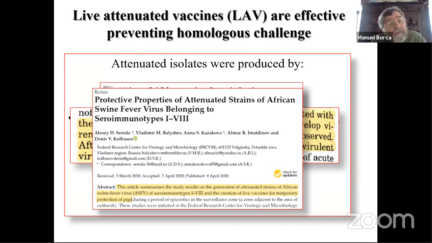And for those that are interested in this particular theme, I think it's an excellent reading to see how much work these people have done in order to develop what I'm particularly trying to give as an example here: the attenuation of virus by passages in cell culture.